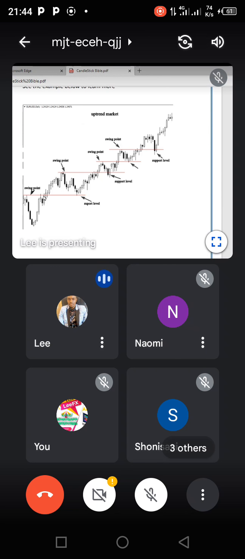Now you see it has penetrated this area here. It was the same area of resistance, but it has penetrated. The price has bounced from another top on the top area there, which is another resistance level.